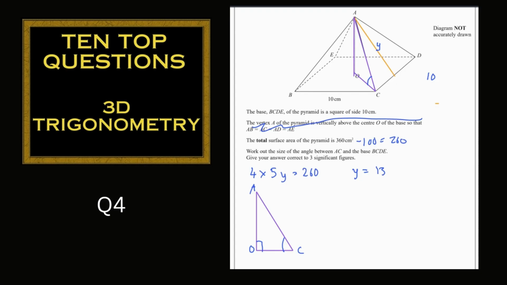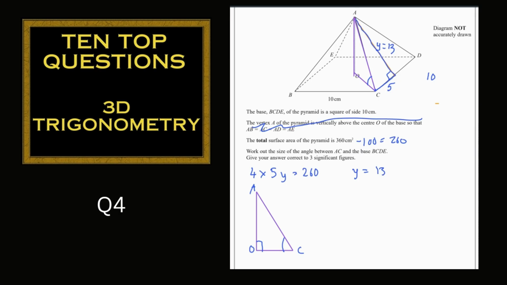So, A down to here, along to here, and up to A, that's a right-angled triangle. Y, as we've worked out, is 13. C to halfway is 5. We can work out A to C by applying Pythagoras to this blue triangle.